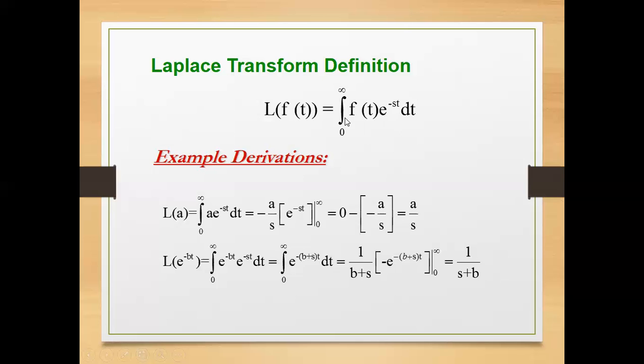Whatever that given function of t or function of x is, you need to multiply it by e raised to minus st or e raised to minus sx and evaluate the integral of the product from 0 to infinity. But I have mentioned already that we will not do integration here. So this is just the formula of how we get the Laplace transform of basic functions. As to what those formulas are, these are part of the, I think, 11 formulas that I will show to you in a little while.